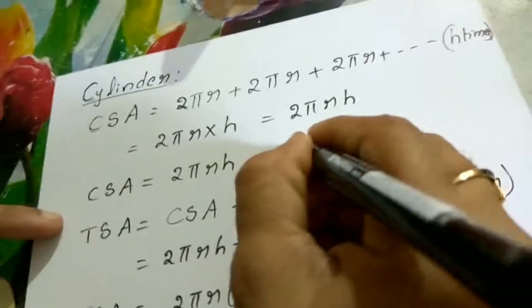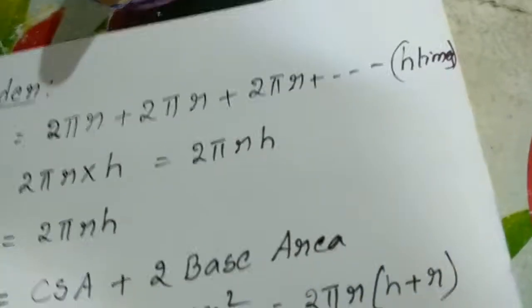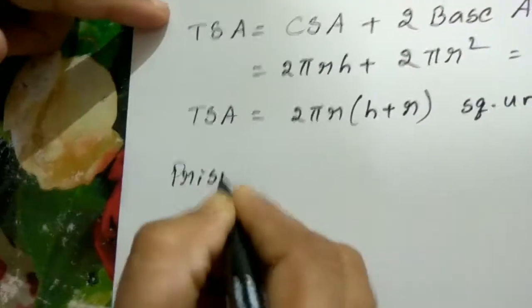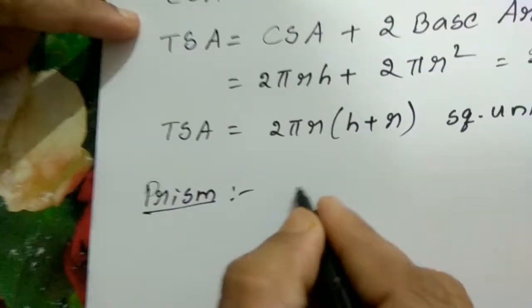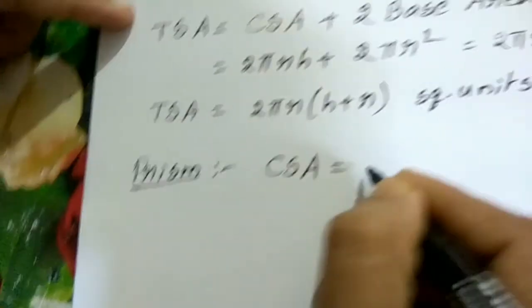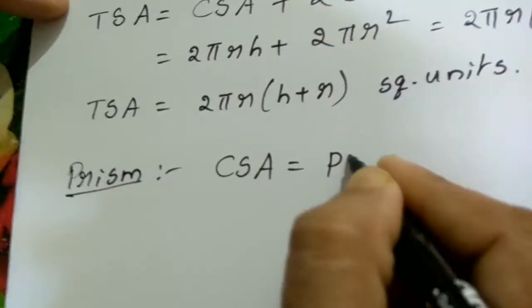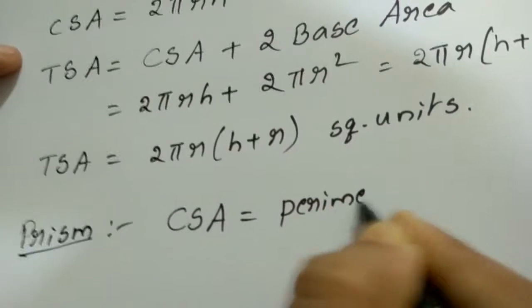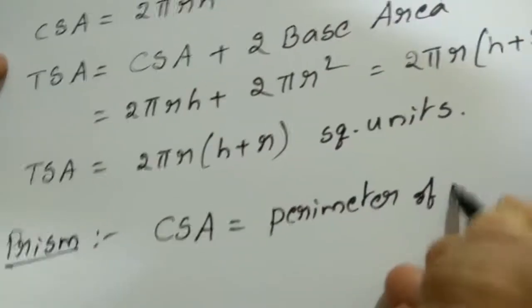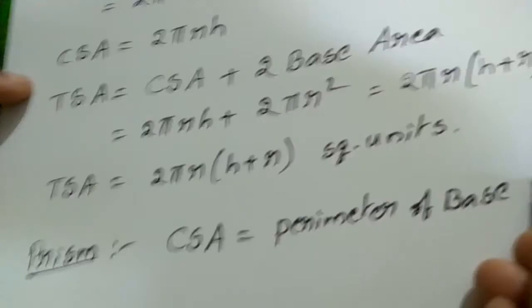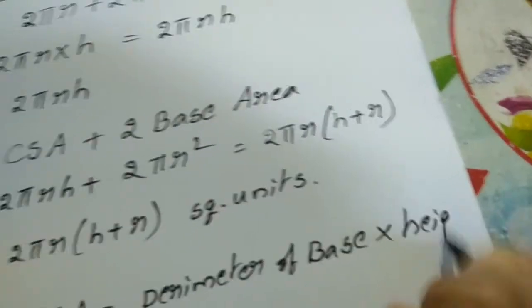So the general formula for the CSA of any prism is perimeter of base into height.